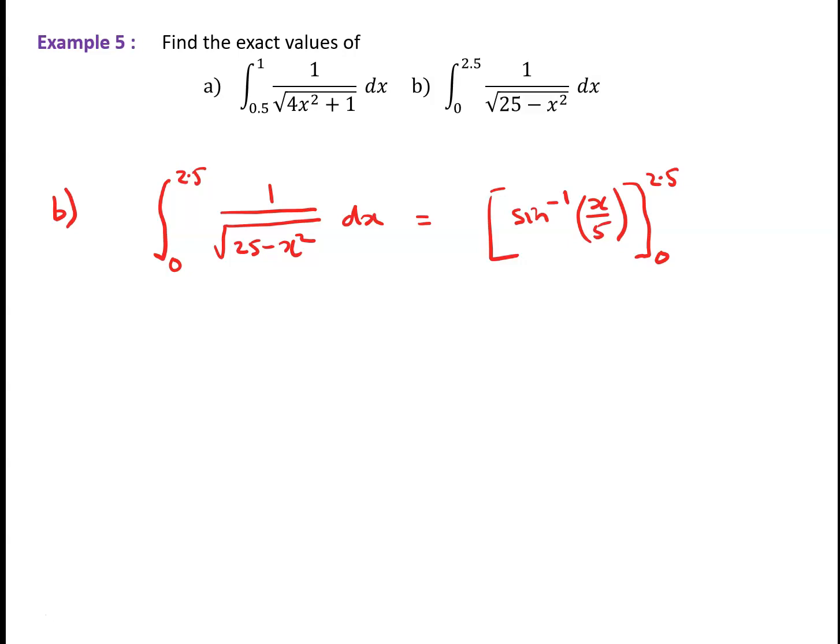So this one is simply sine to the minus 1 of x over 5 when x equals 2.5, take away the value when x equals 0, and that is sine to the minus 1 of a half, take away sine to the minus 1 of 0, which is pi by 6 minus 0, which is just pi by 6.